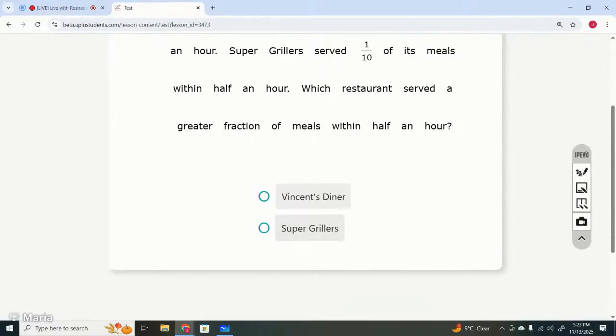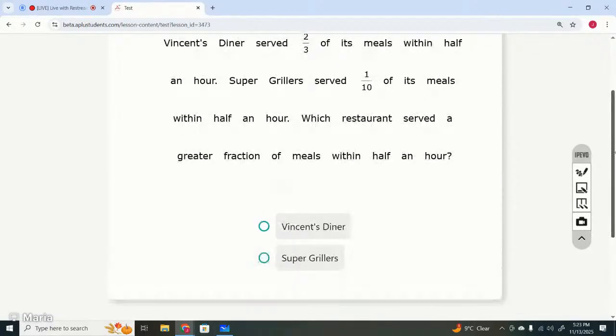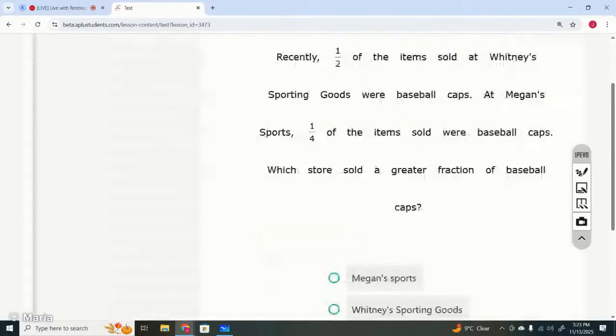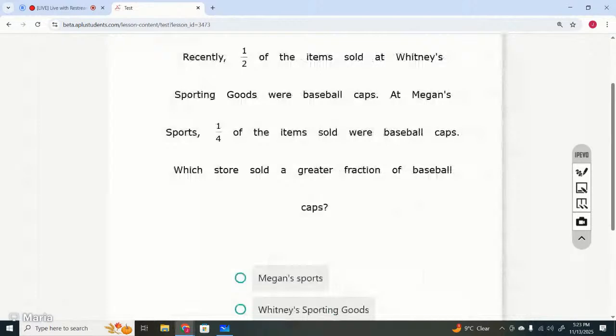Vincent's Diner has a greater percentage. Option number one is the correct option.